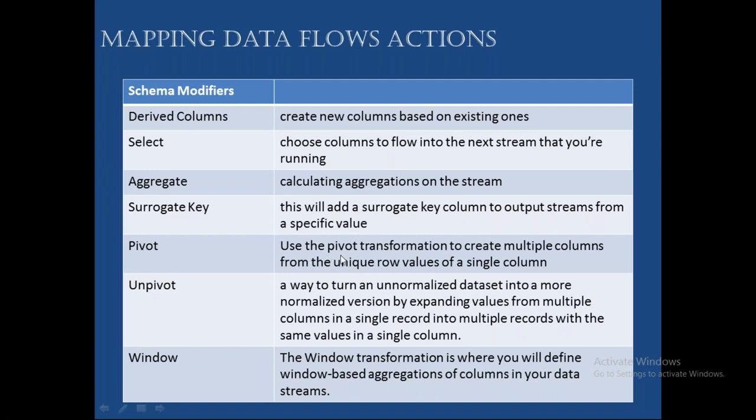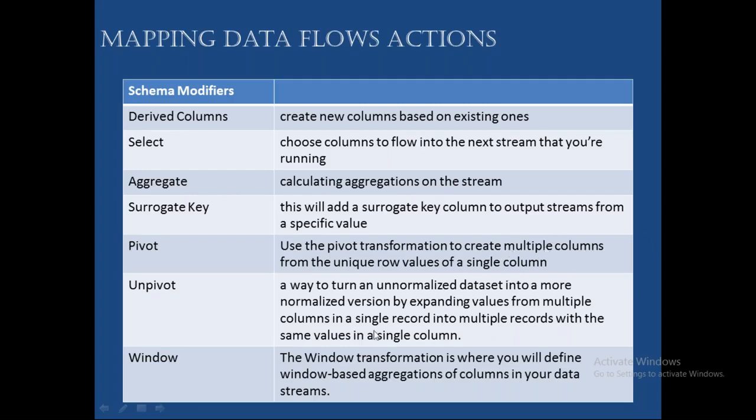Next, pivot. Use the pivot transformation to create multiple columns from the unique row values of a single column. You have a single column, from that particular column you are collecting the unique values, and you are converting those into multiple columns.